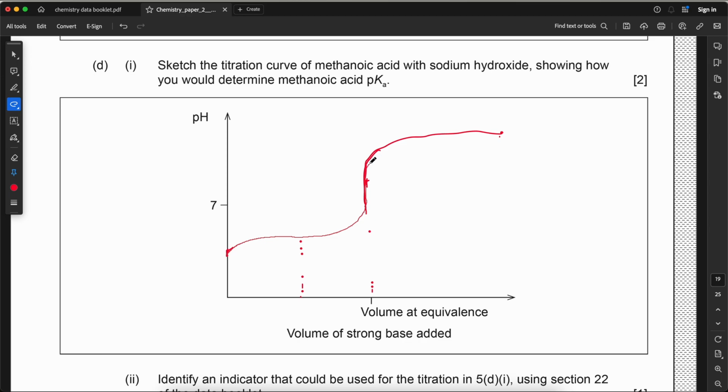Yeah, okay. All right, so it should have an increasing S shape, and the pH will be bigger than 7, because it's between a weak acid and a strong base.